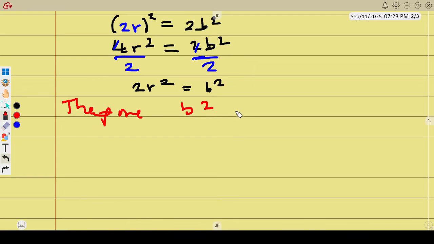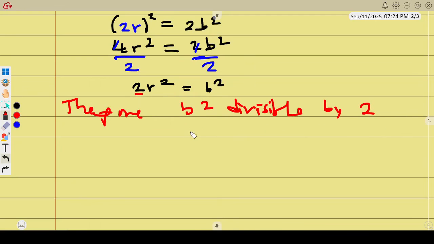B squared is divisible, or is a multiple, depending on how you were taught which word to use, is divisible by 2. B squared is divisible by 2 because you can see 2 is the coefficient. If we happen to have 3, then we'll say it is divisible by 3.